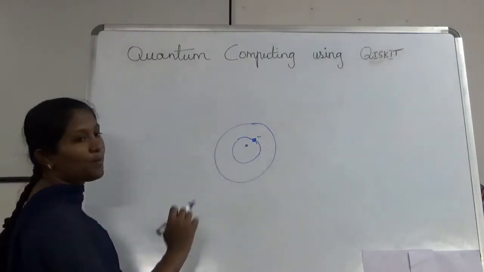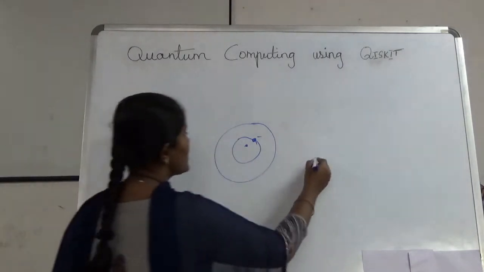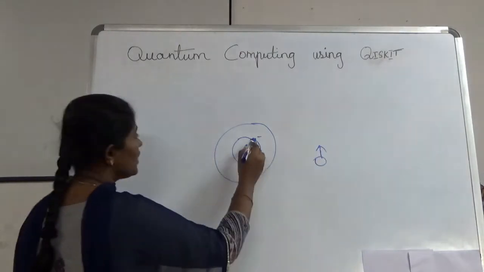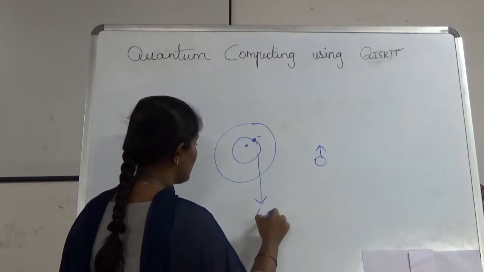Let us consider this as the lone valence electron of a phosphorus atom. If this atom is in the spin up state, it will be excited to the higher energy level. That is, this is the lower energy level.